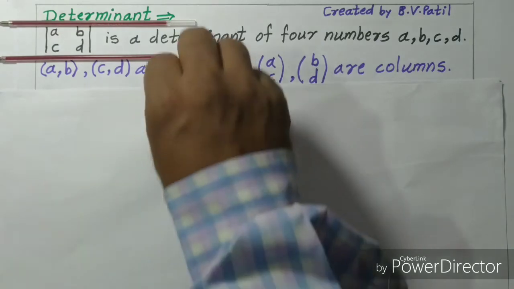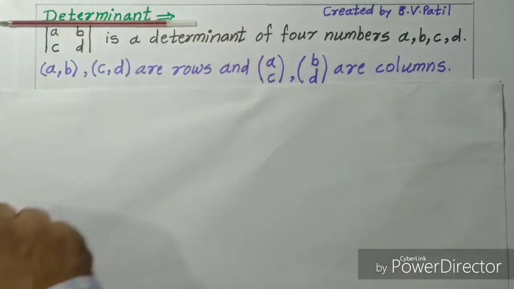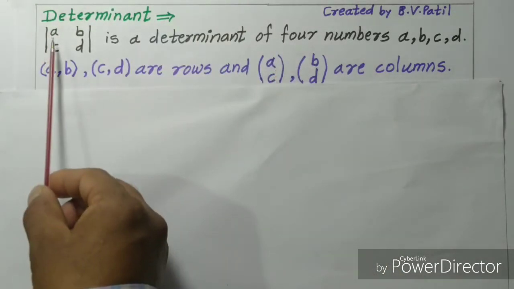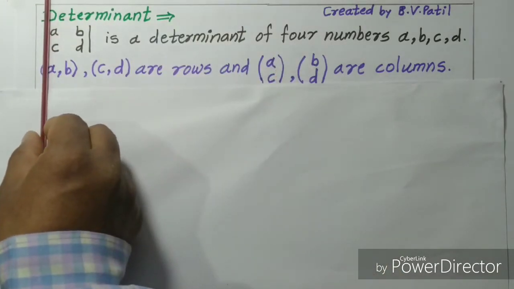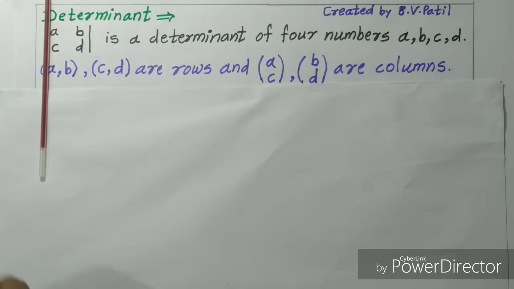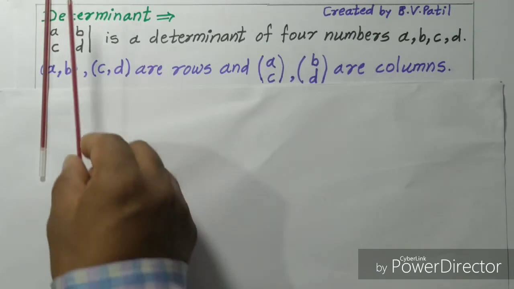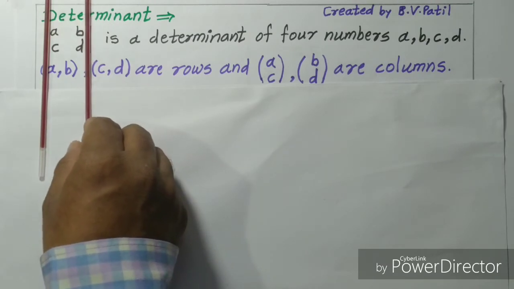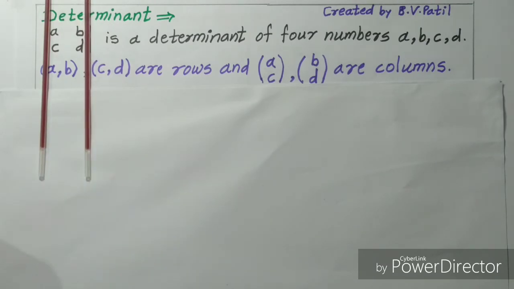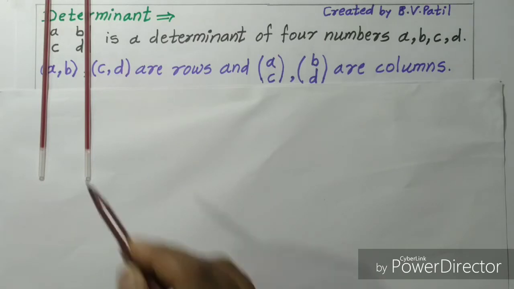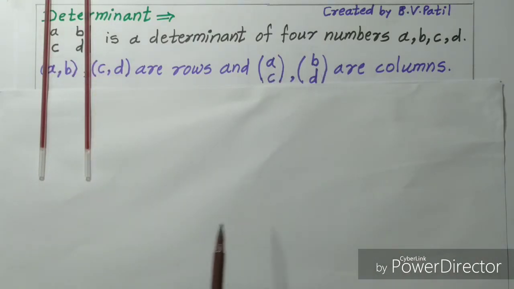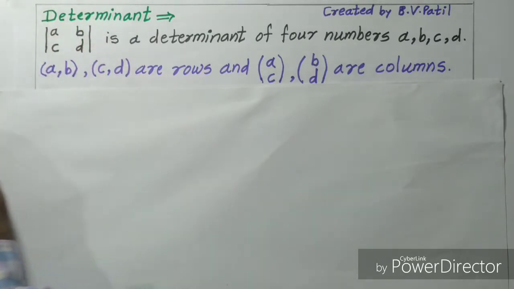Which are the columns? A and C lie on a vertical line, and B and D lie on a vertical line. Those are the columns. A and C, and B and D are the two columns.